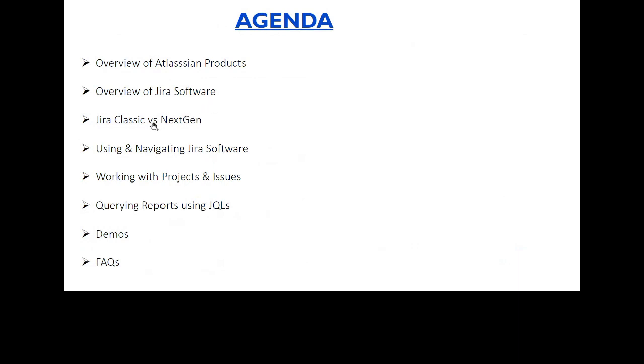We'll start looking into different types of templates you can use, like Classic and NextGen. How to use projects and issues. The project is about how you manage multiple issues or tasks, and how you can search the issues using basic as well as JQL advanced search. And we'll be having demos at the end.